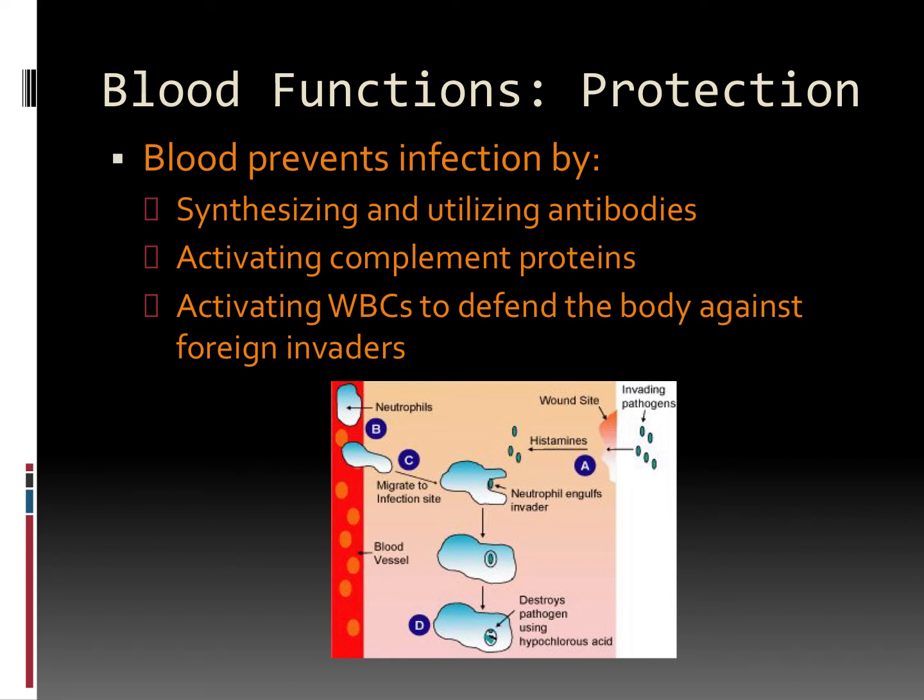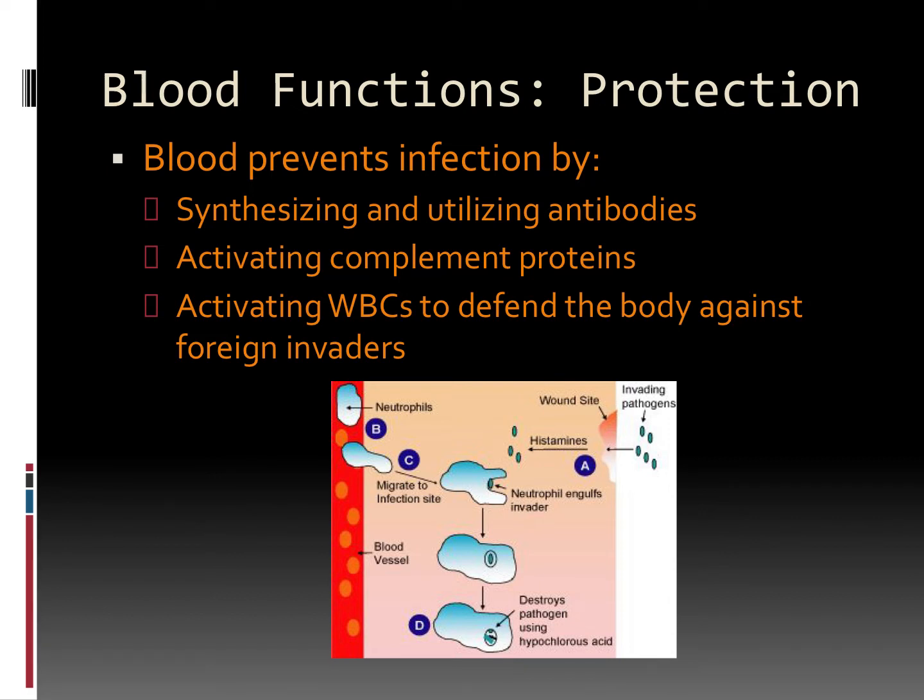So these white blood cells synthesize antibodies. Antibodies act as markers to help other white blood cells recognize that something needs to be taken care of in the body. There are complement proteins which encourage white blood cells to go to a particular location and then to destroy invaders or infected cells.